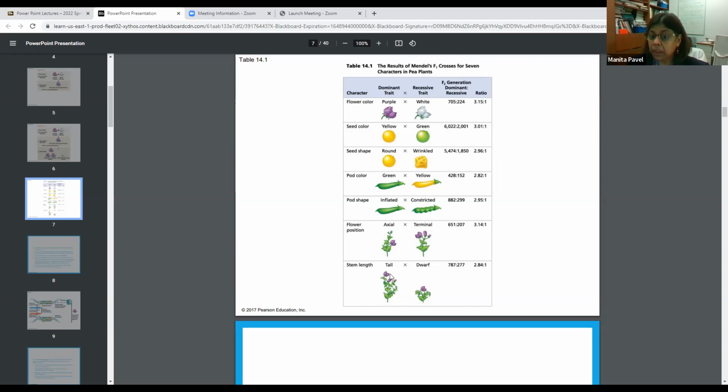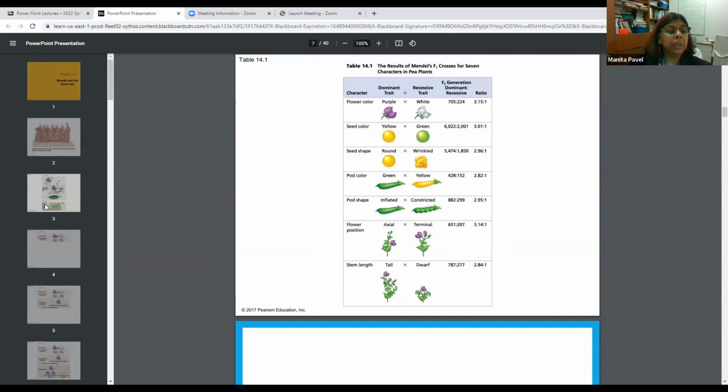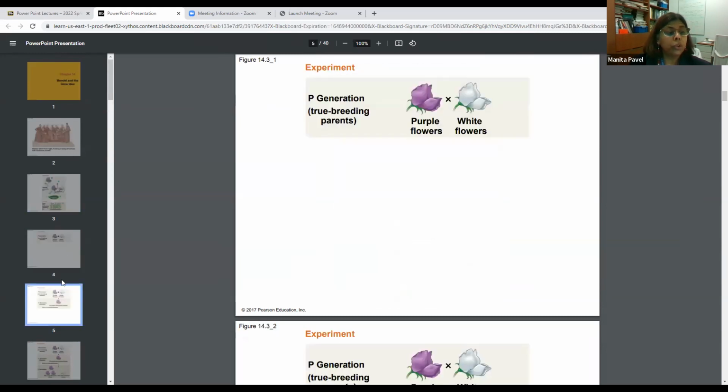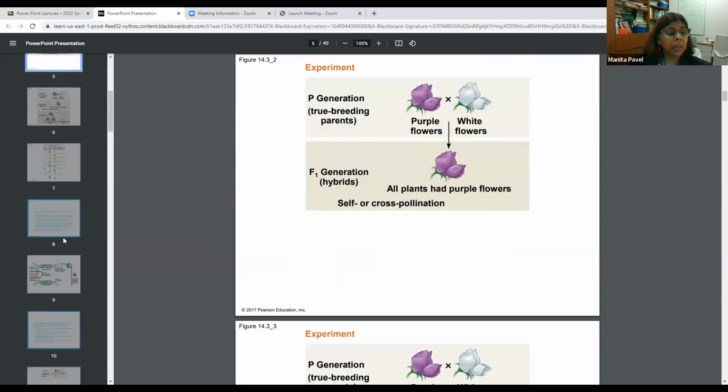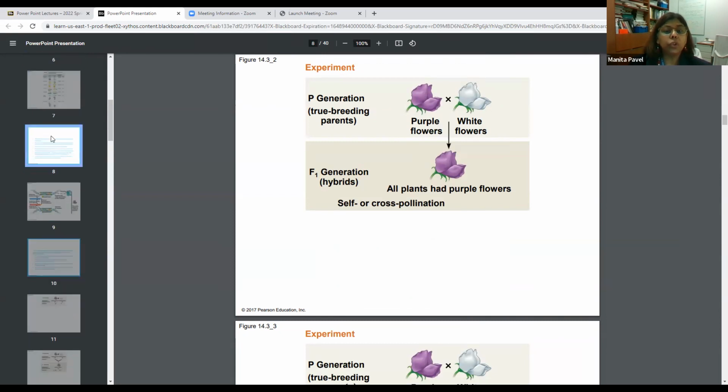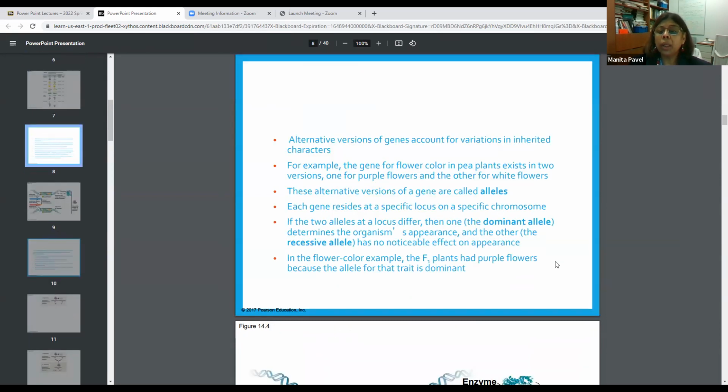Tall, capital T, lowercase t. So now, what I'm going to show you is, we're going to flip these and we are going to go into all the definitions, 7 definitions and concepts of genetics.